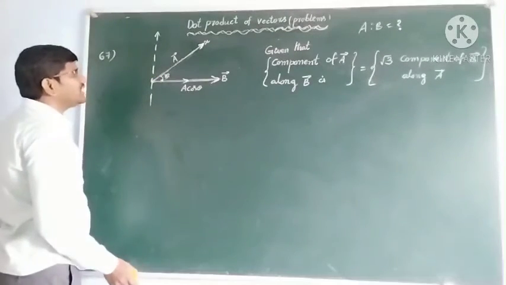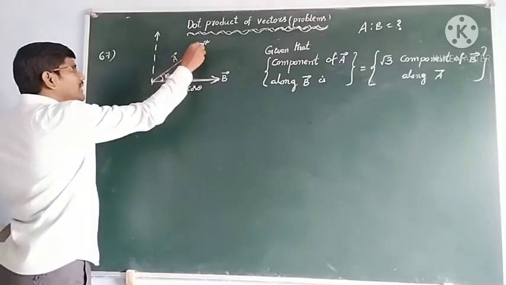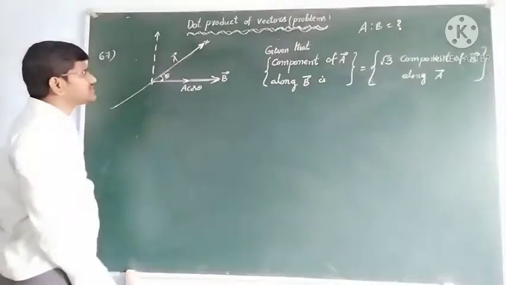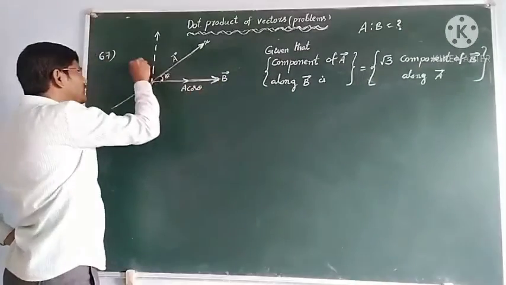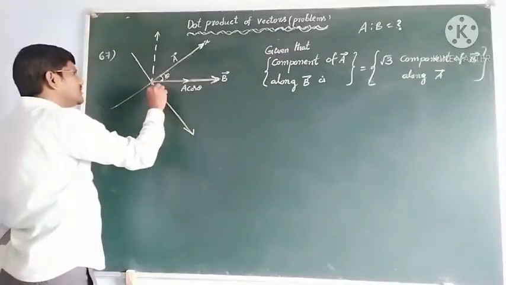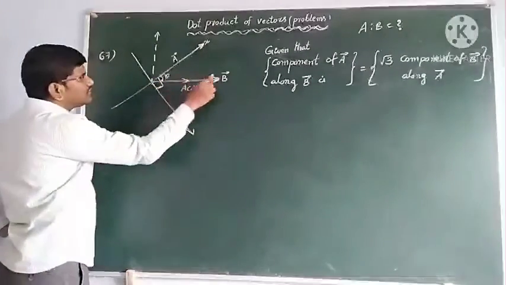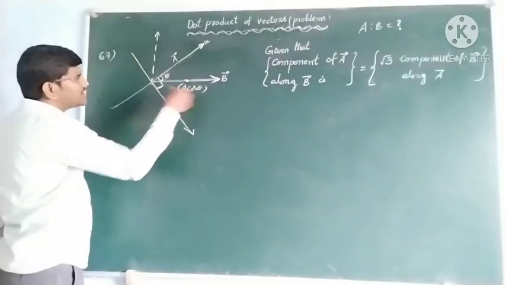And similarly, I will take perpendicular to the a bar direction, because I want to write the b bar component along a bar. Now this is 90 degrees, you take it, students. Now this is the b bar vector. This component is always a scalar, you know.